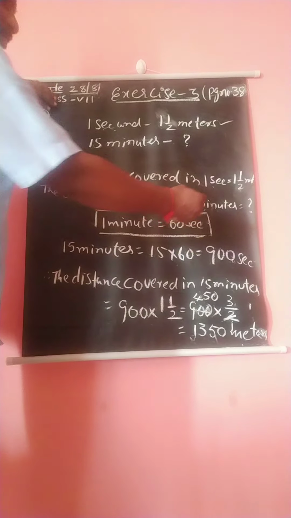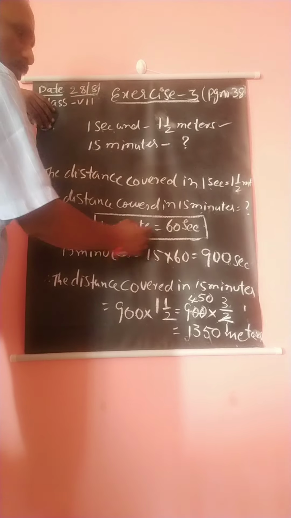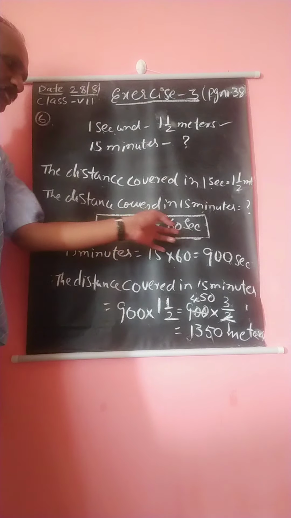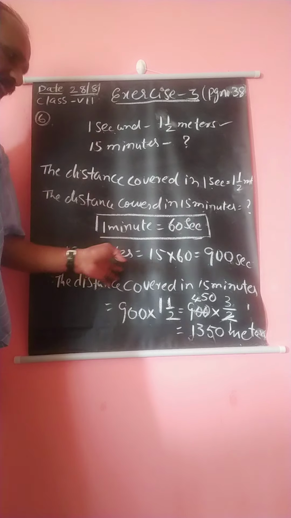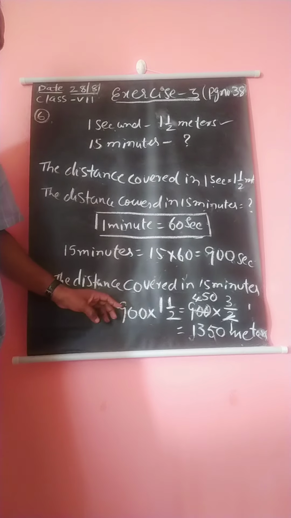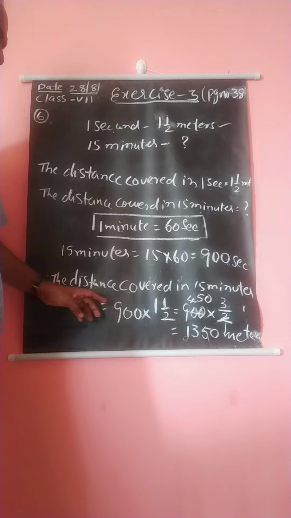What is the relation between minutes and seconds? 1 minute is equal to 60 seconds. 15 minutes means 15 into 60, which is 900 seconds. Now we calculate 900 into 1.5. 1.5 means 3 by 2. 2 ones are 2, 450. 450 into 3 is 1350 meters.